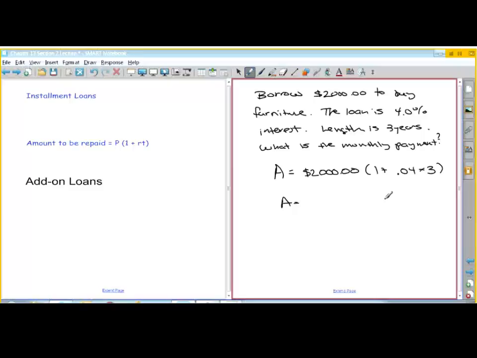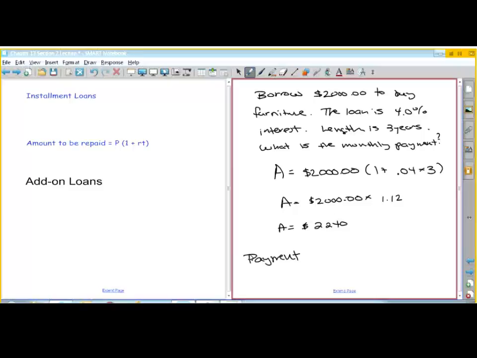It would be 1 plus 0.04 times 3. The term in the parentheses is 1.12. Multiply 2,000 times 1.12, and we get $2,240. So I'm paying $2,000 plus $240 interest.